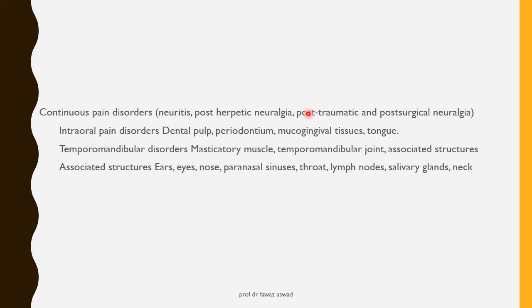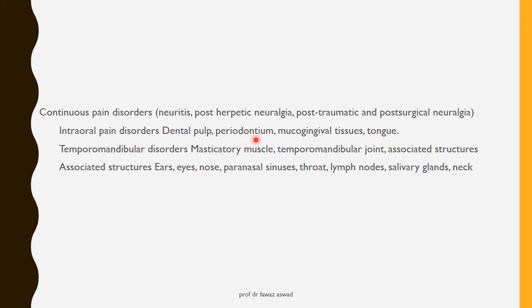Then there are temporomandibular joint disorders, as we have seen in the lecture regarding the temporomandibular joint, whether it was disc displacement with reduction, disc displacement without reduction, or whether it was associated with muscular types of pain, or with bone degenerative changes.